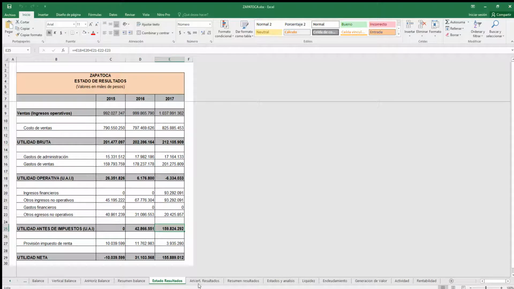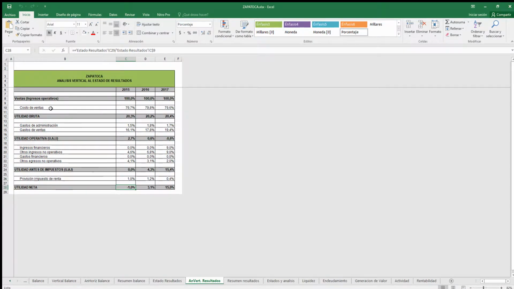Now we have the state of results. We determined that the cost of the sales was 79.7%, so the utility was 20.3%. And the same process we did with the different years.